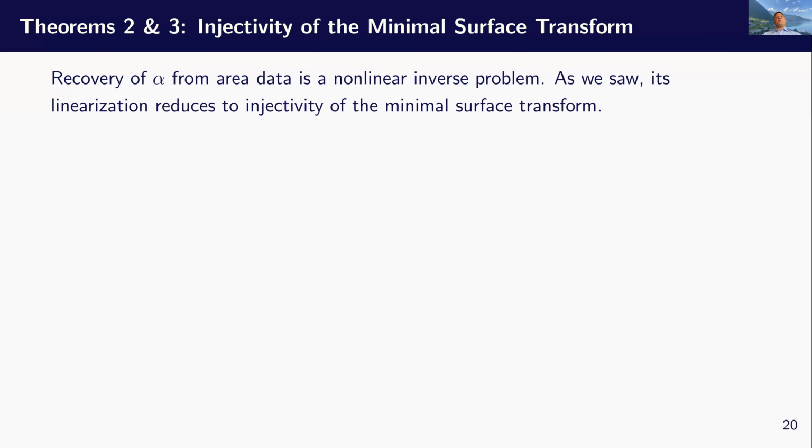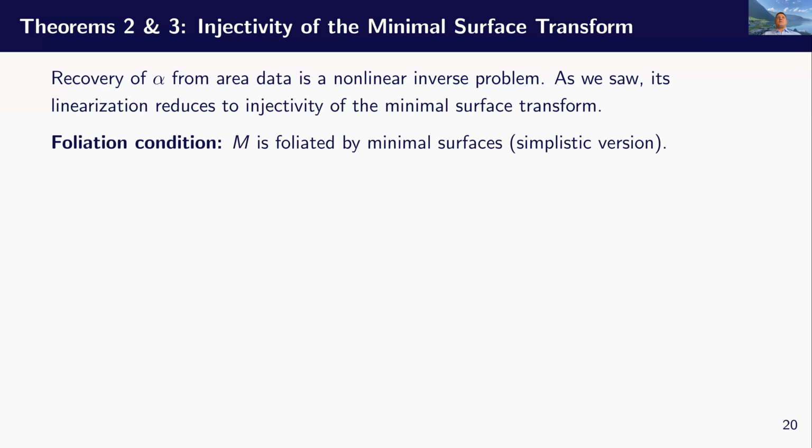A couple of other theorems from the paper regard the injectivity of the minimal surface transformation. The recovery of alpha from the area data is a nonlinear inverse problem. As we saw, if you linearize the area data in the unknown conformal factor alpha, it reduces to the minimal surface transformation and its injectivity.